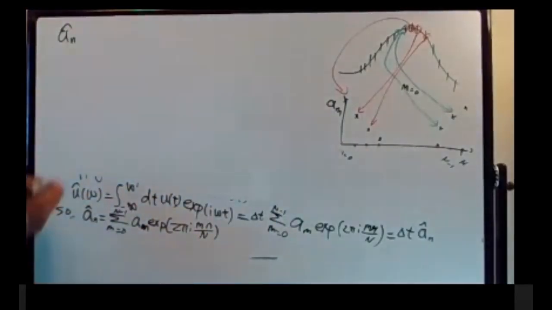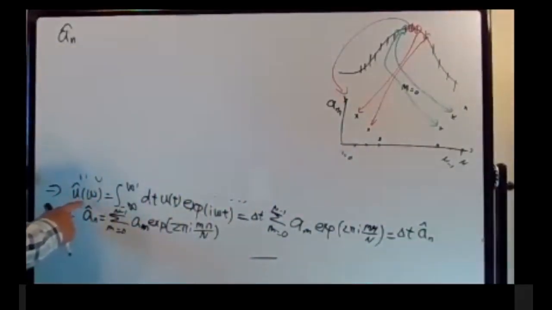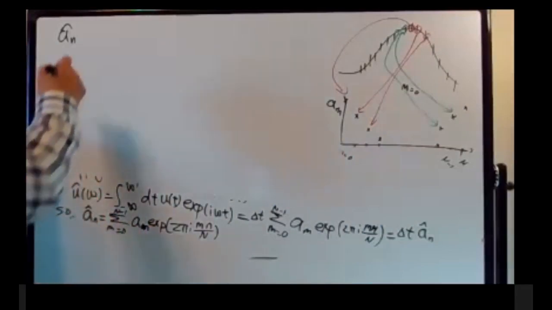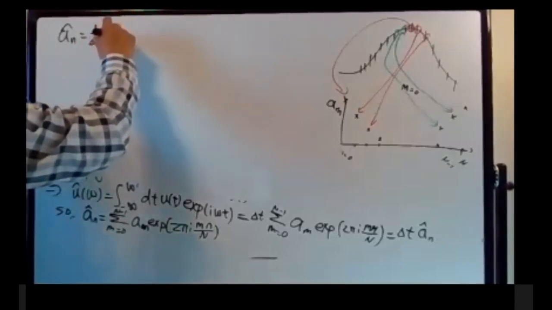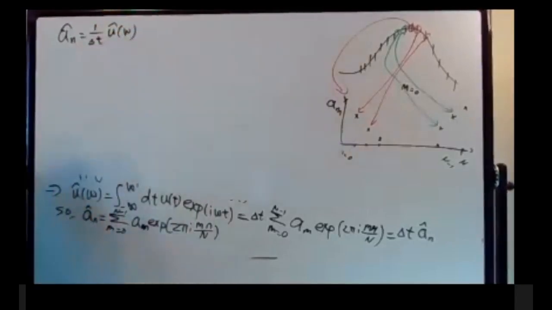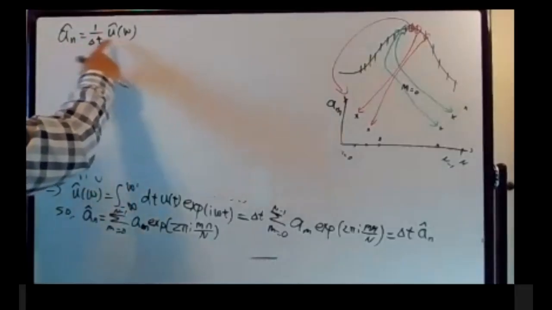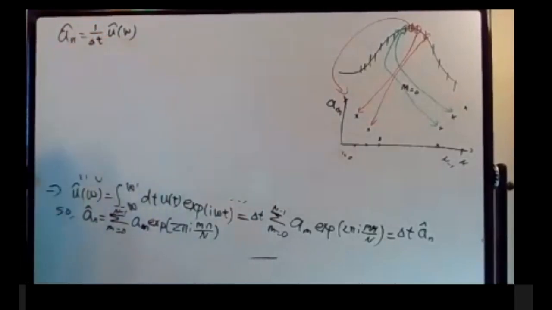But a_n hat is different: a_n hat and û(ω) have a correspondence of delta t. So this is 1 over delta t times û(ω), a direct correspondence with a factor of delta t.